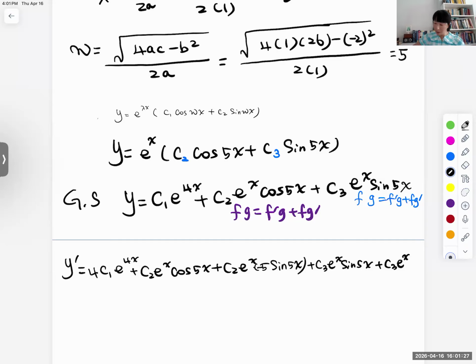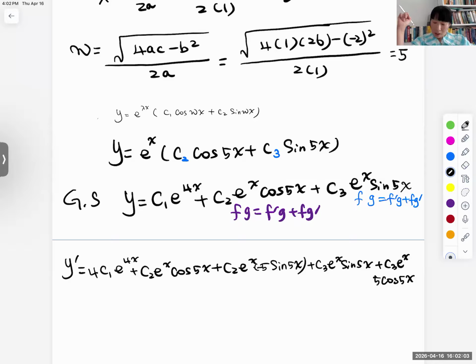So 5 cosine 5x. Yeah, cannot make that one line. All right. Now, can we combine? 2, 2, 3, 3. No, we cannot combine, right? So 1, 2, 3, 4, 5 term.